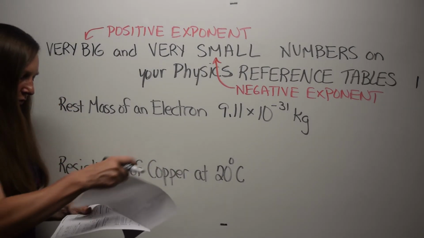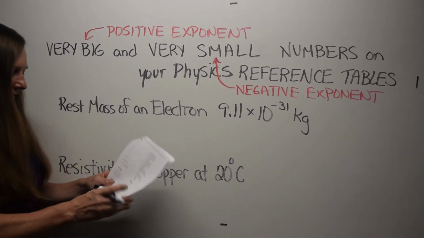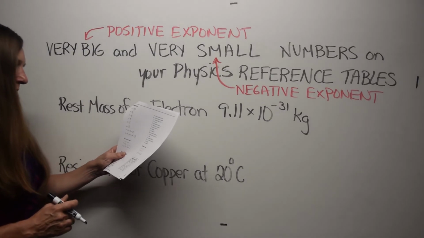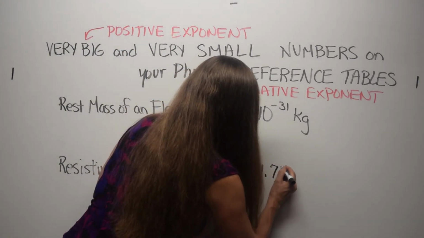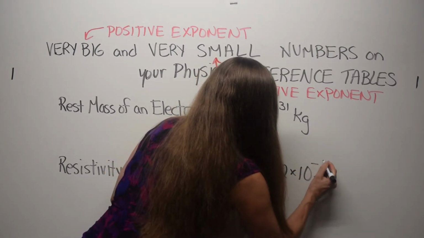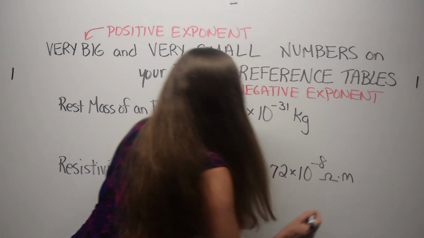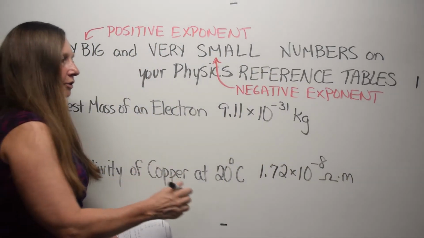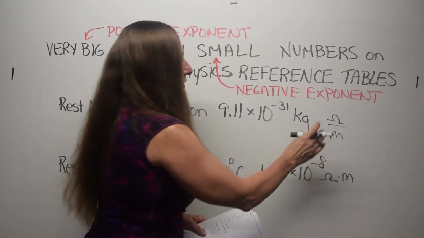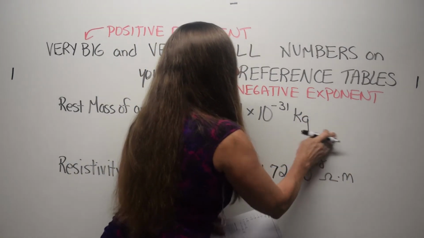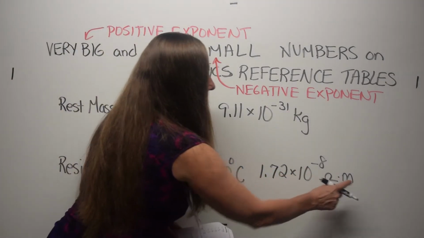For that, you turn to page 4. There's a chart, and here's the resistivity of copper, 1.72 times 10 to the negative 8, and the unit is ohms times meters. That's ohm meters, not ohms per meter. Don't write ohms per meter and don't say ohms per meter. It's ohm meter.